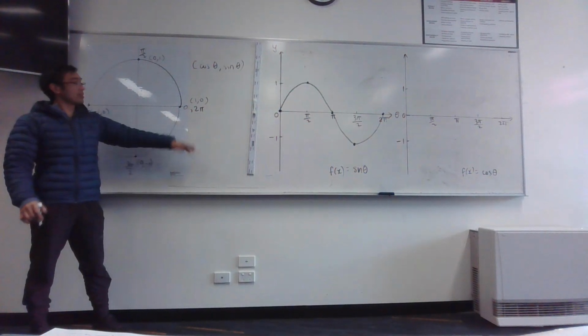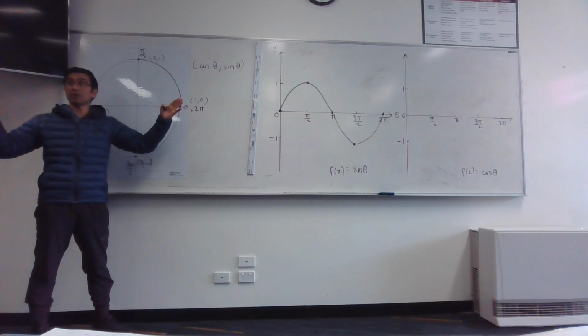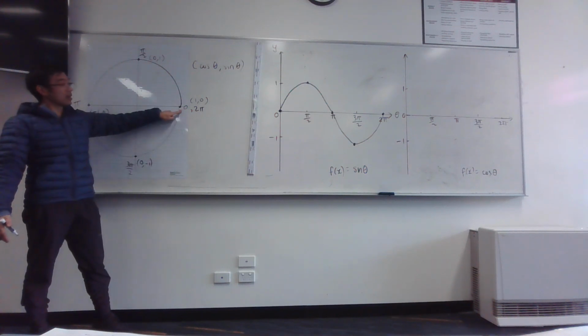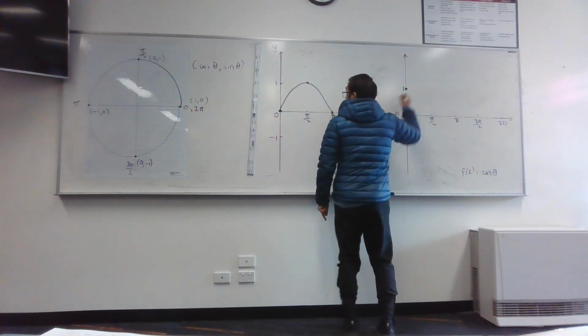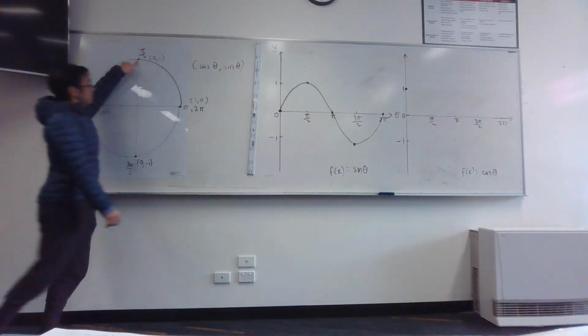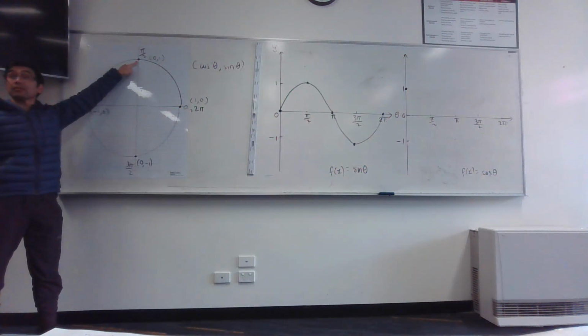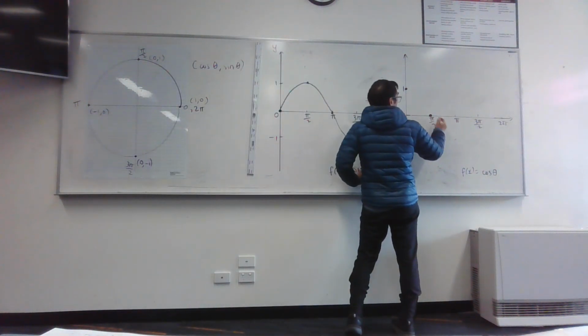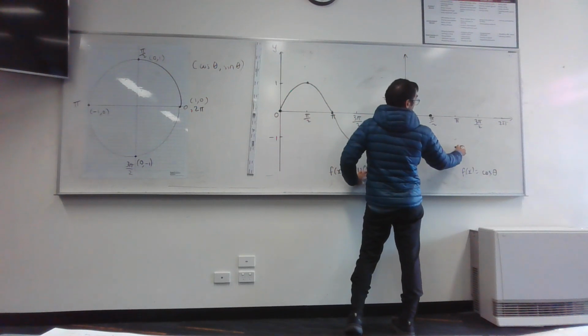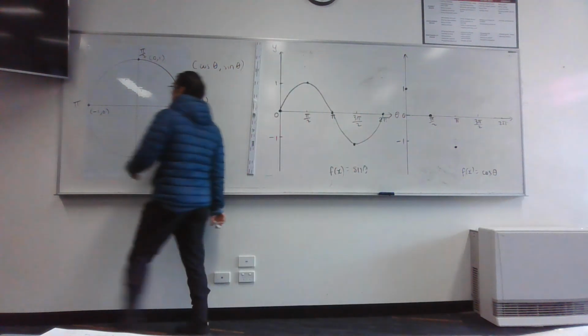Think cosine, think which coordinate? X. So now, at 0, where do we start? 1. At 0, we are at 1. We walk up, and we end up at 0. So pi on 2 is now 0. Where does pi go to? Negative 1. Okay.